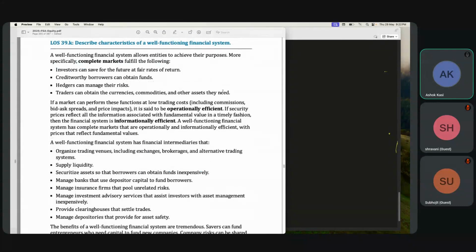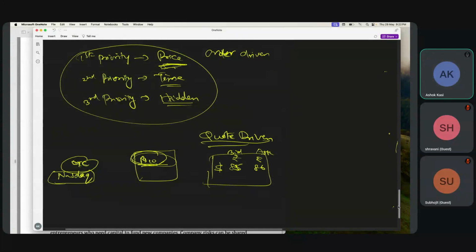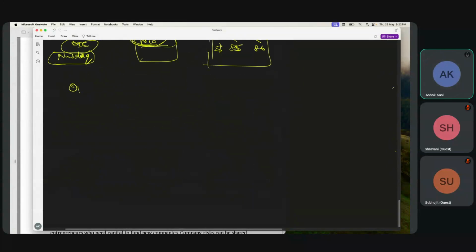Now some other theory: operationally efficient and informationally efficient. When is your market operationally efficient? Operationally, it will be efficient when the cost is low. So operationally efficient means trading cost is low.